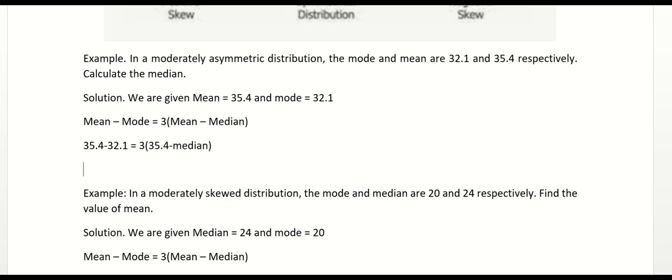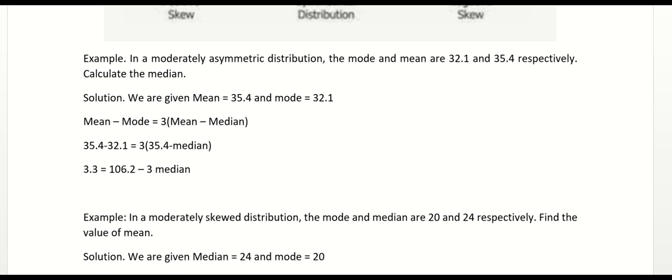So 35.4 minus 32.1 is 3.3 equals, now we will solve it, 3 into 35.4 is 106.2 minus 3 median, right? Now we will solve it, 3.3 minus 106.2. So the answer is minus 102.9 equals minus 3 median.